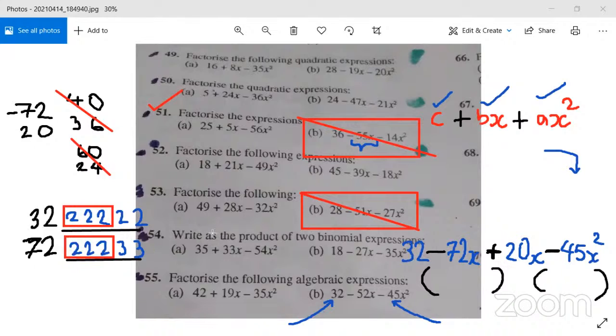So 2 times 2 times 2, our HCF between 32 and 72, that's going to be 8. So let's put 8 on the outside. And again, remember, because our ax squared is right here, then the number that we put in front of the left bracket will not have an x, right? So just remember that. So 32 divided by this 8 leaves us with 4.